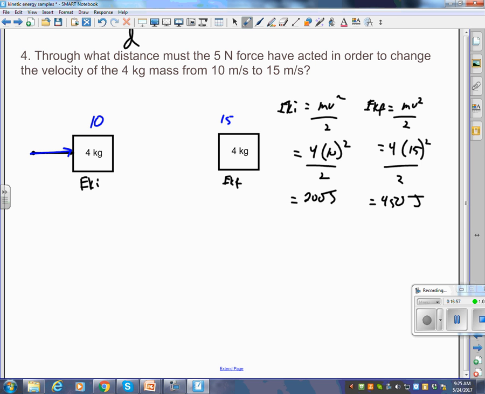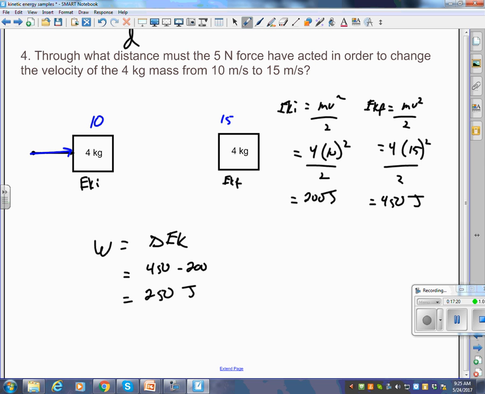The kinetic energy went from 200 joules to 450 joules. How come? Somebody did some work. The work done is the change in kinetic energy. So that's going to be 450 minus 200.